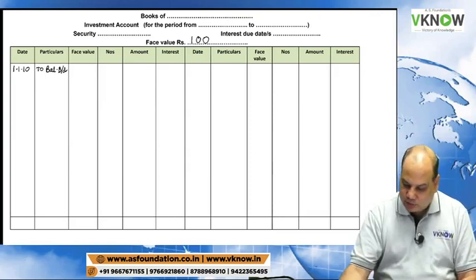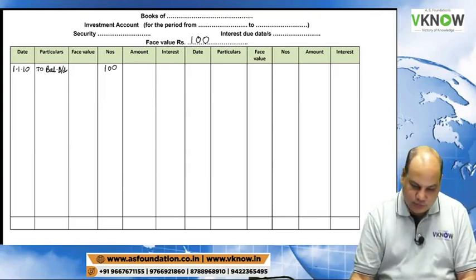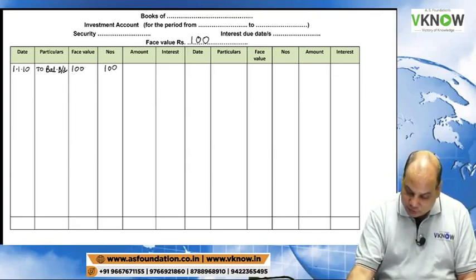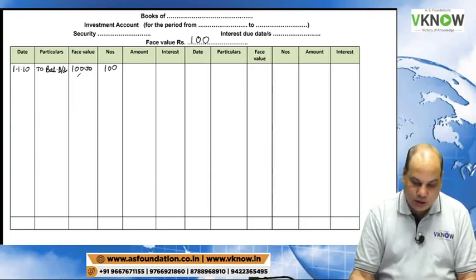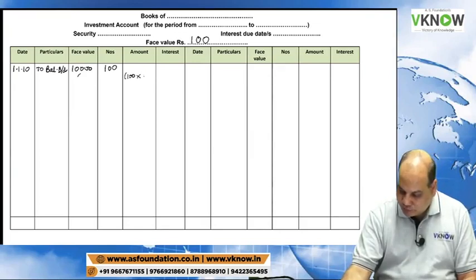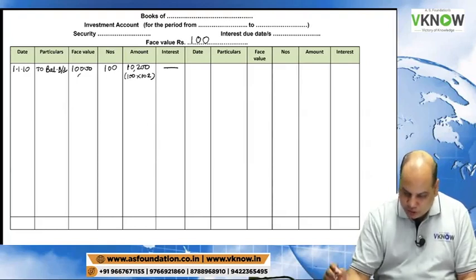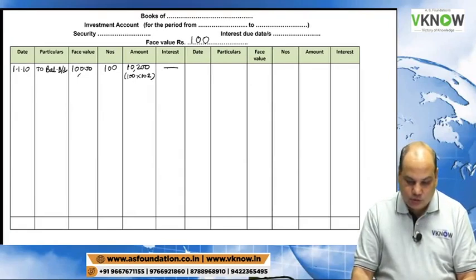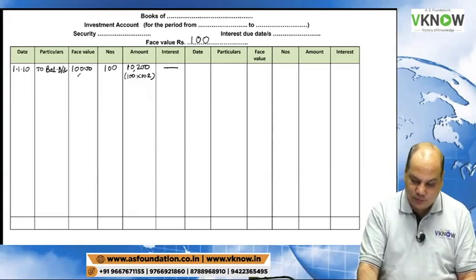Madhukant has 100 units. Face value is also 100. 100 into 100, 10,000. And the cost is 102 rupees. So 100 into 102, 10,200. No interest accrued.